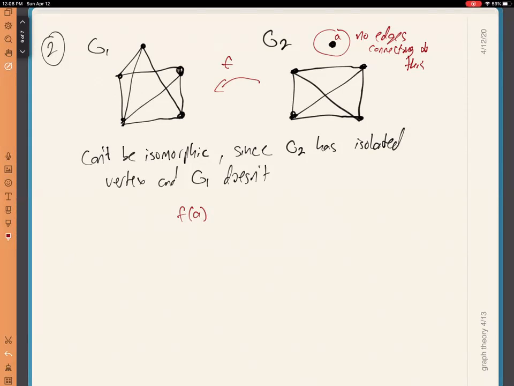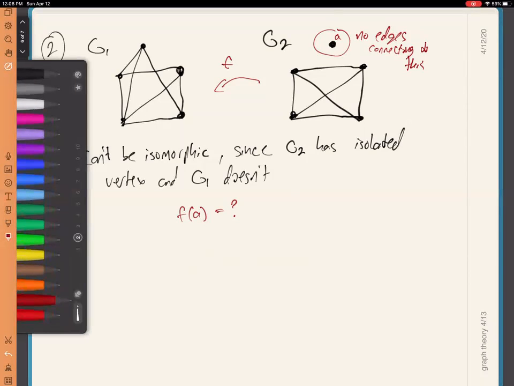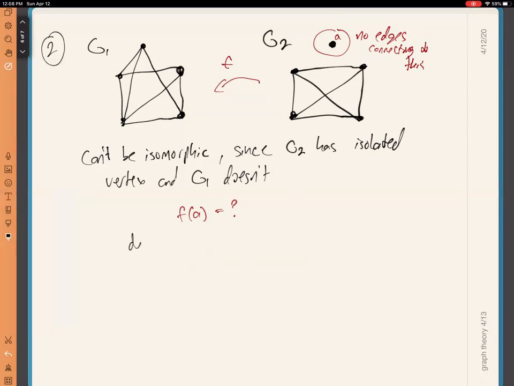If I send f of A to any one of these vertices, then every single possible choice for f of A has some edge connecting to it. Therefore, going back to G2, in order for my function to preserve the edge relationships, there would have had to be some other edge connecting to A, but there isn't. And so these two graphs cannot be isomorphic. Another way of saying this is that the vertex A in G2 has degree 0, but there are no vertices of degree 0 in G1.